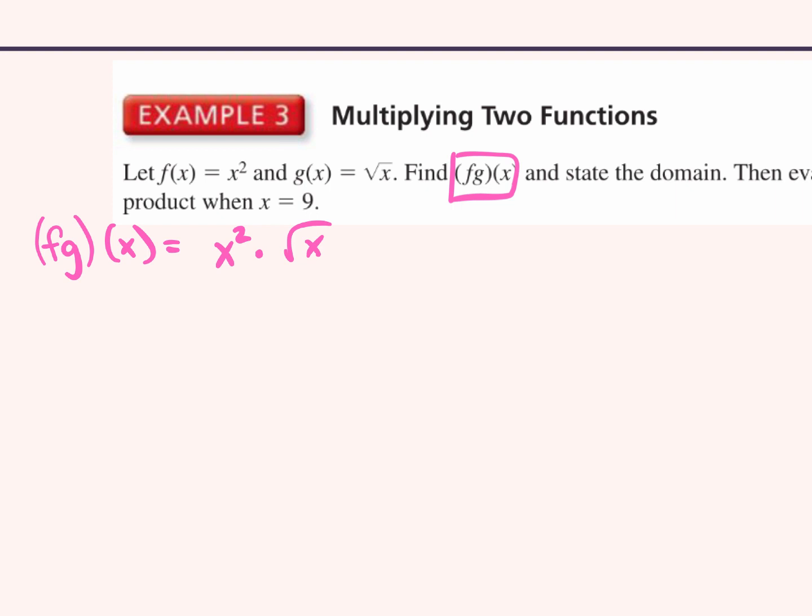Can I combine these together? What do we think? If we have the same base, then we combine them. So I have the square root of x. What's technically my exponent there? Square root of x, the second one. What would my exponent be?